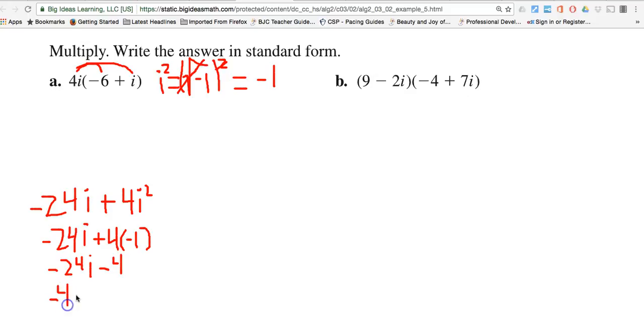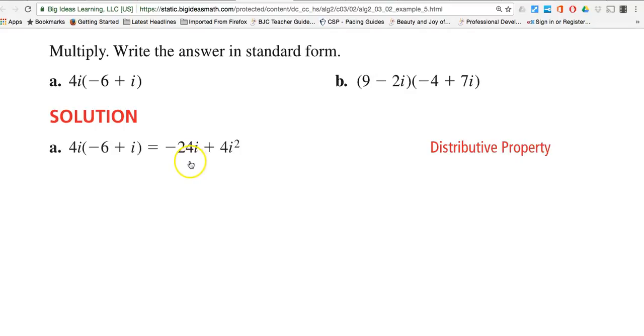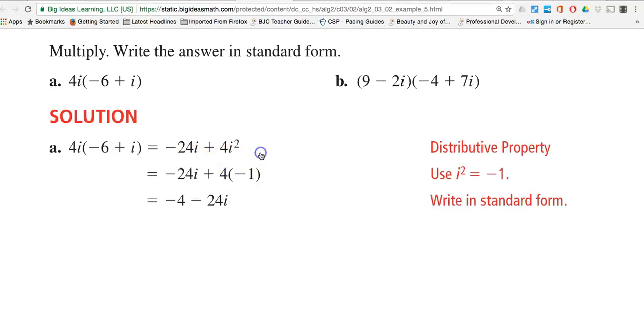So we're going to get -4 minus 24i. Okay, now if we go ahead and check our work here with the answers, we get -24i plus 4i squared. We go through, and we're going to end up with -4 minus 24i.